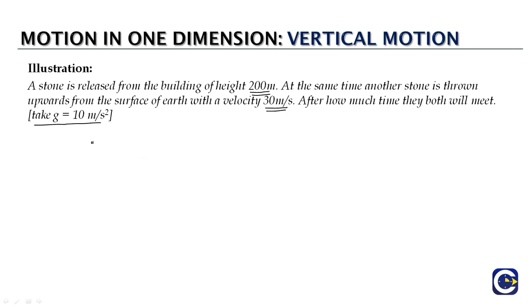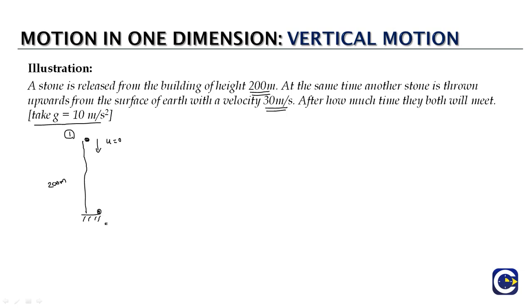Now we'll just try to represent this over here. So we have the first stone which is released from the top of the building of height 200 meters, which means the initial velocity of this is going to be 0. We'll call it the first object. Now the height of the building is given to be 200 meters.